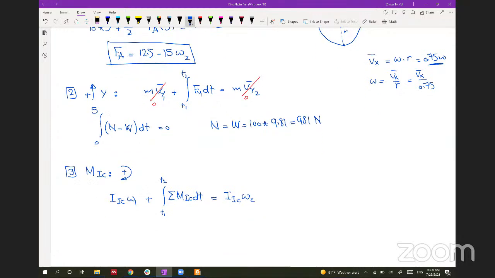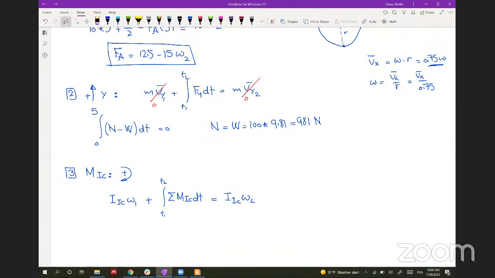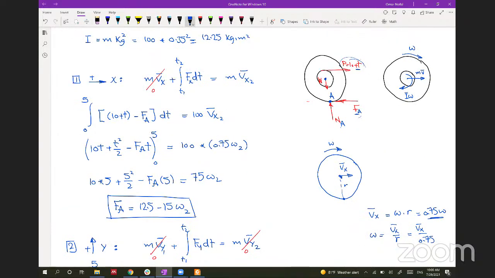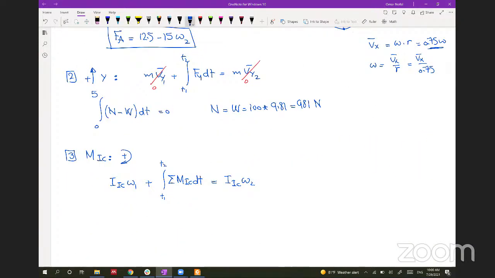So this is our equation. If you take the moment about the CG, it will be the same equation, but you change the I to be the I bar, or the I at the CG, and the moments will be the moments of all the forces about the CG. Okay, so omega 1 is equal to 0 because it's starting from rest.